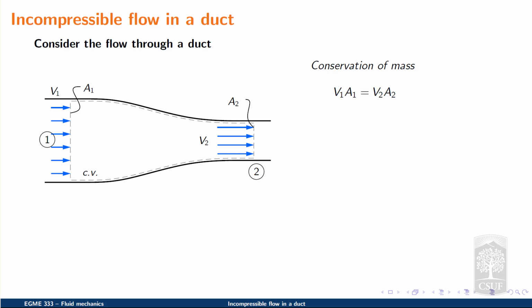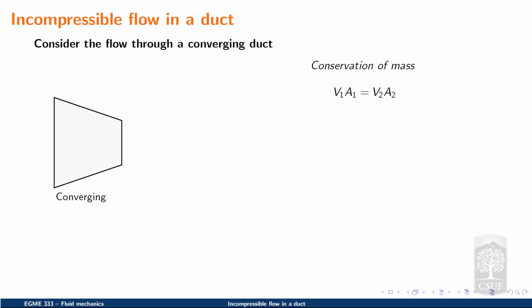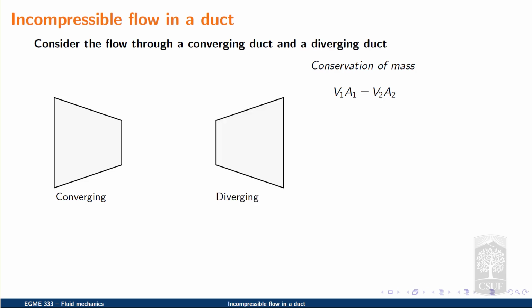So let's see what happens to the flow as it travels through both a converging duct and a diverging duct, where, again, in both cases, the quantity that's going to be conserved due to the conservation of mass will be the volumetric flow rate, capital Q, which is simply the product of the velocity times the cross-sectional area.